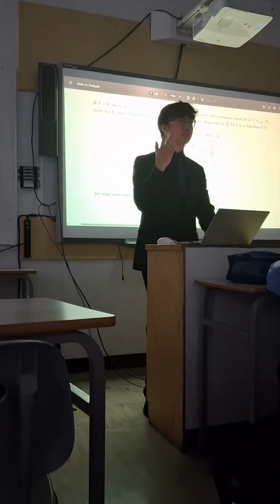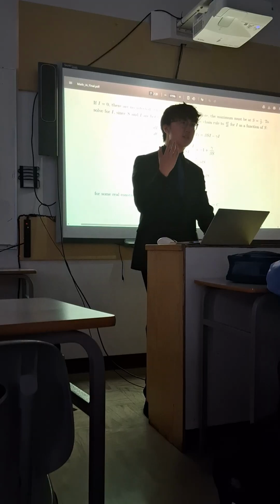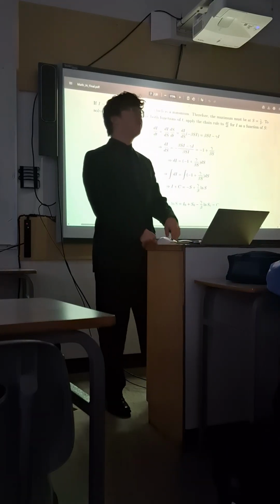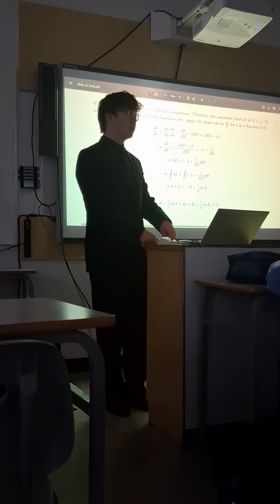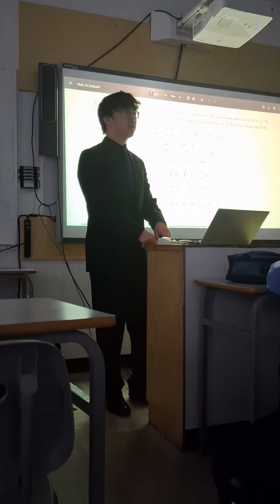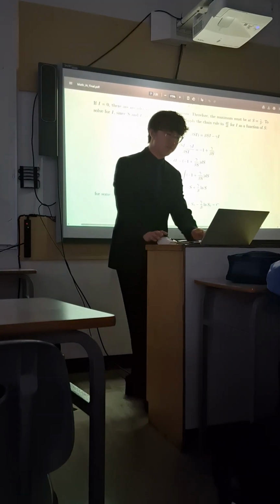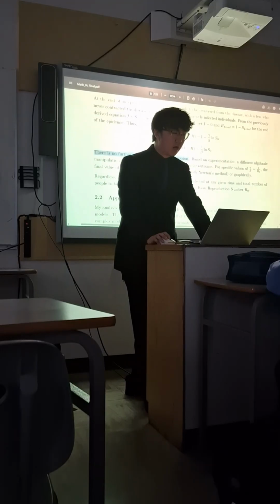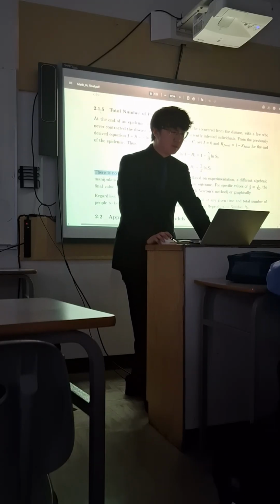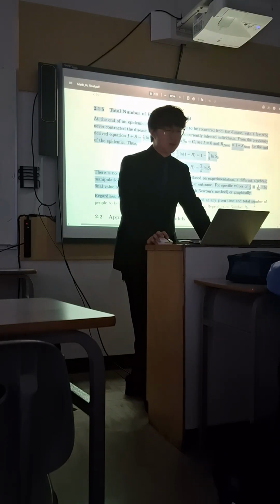And this is kind of common sense, right? We're just using math to prove common sense, because the more infectious a disease is, and the harder it is to recover from it, then the more people will be infected at a given time, and the more people overall will be infected. And also something to note with the total number of people to be infected. I didn't write this in my IA, but just for you guys' sake.